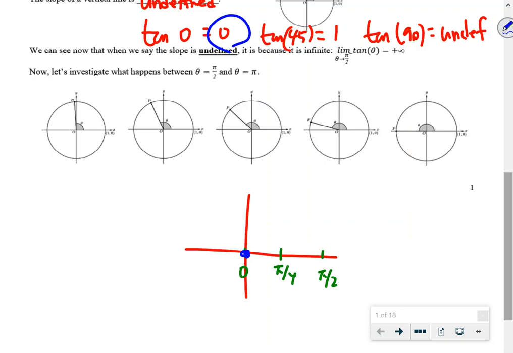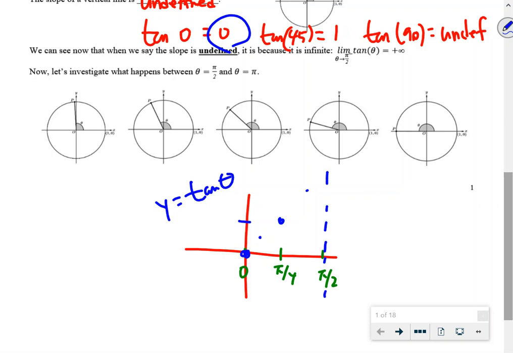Tangent pi over 4, 45 degrees, is 1. And you know you have values in between, right? It was increasing. And then tangent pi over 2 gives us undefined, so undefined here.